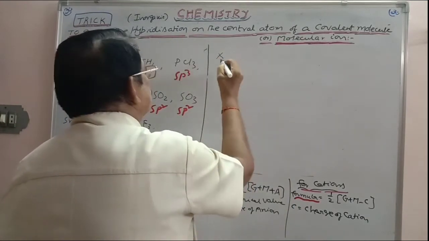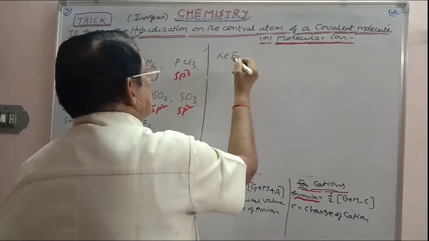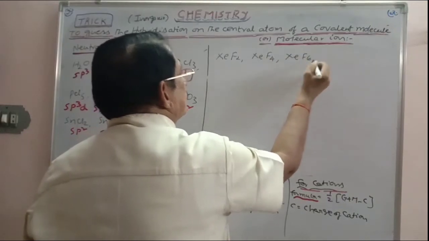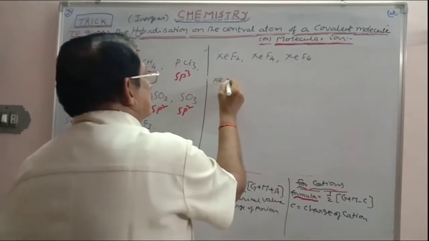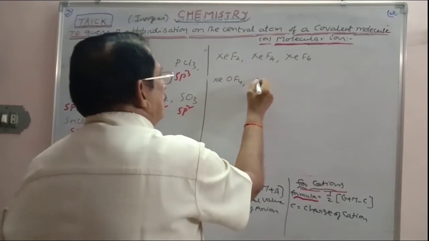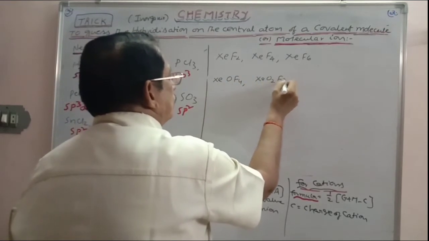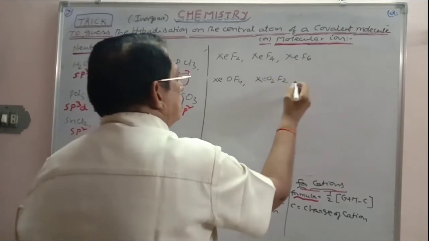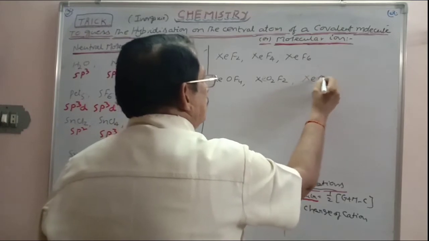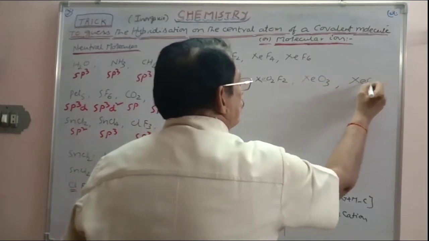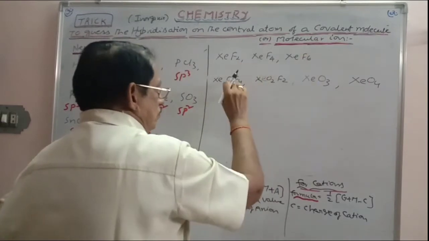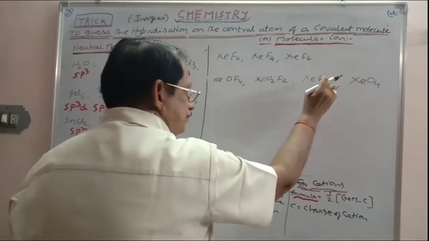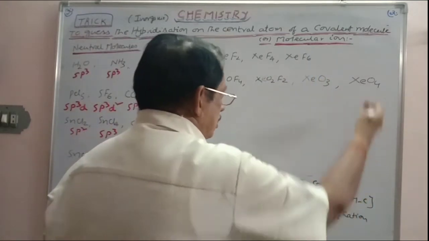Inert gas compounds. Xenon is able to give inert gas compounds, that is an exceptional case: XeF2, XeF4, XeF6. Similarly, XeOF4, XeO2F2, XeO3, also XeO4. 2 fluorines are replaced by 1 oxygen, 4 fluorines are replaced by 2 oxygens, 6 fluorines are replaced by 3 oxygens, and 1 more oxygen is here.